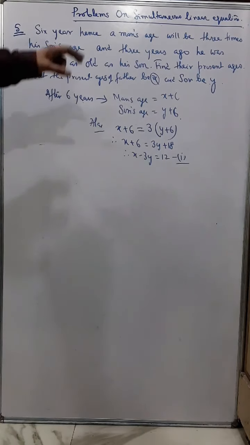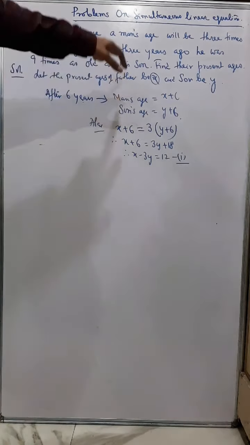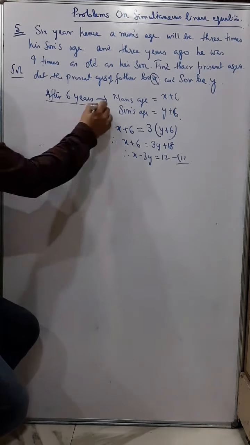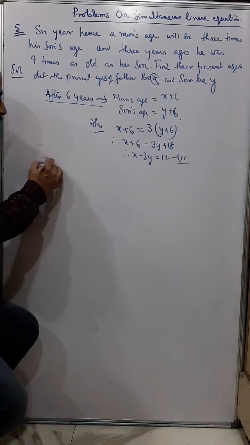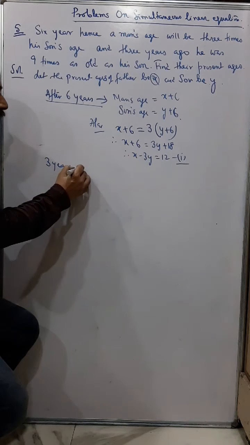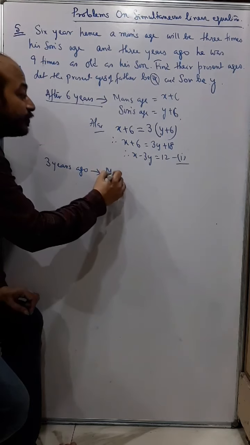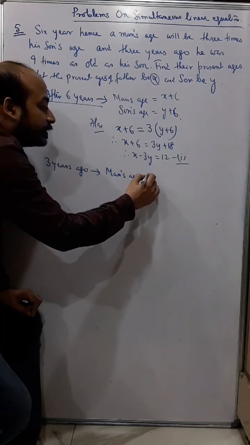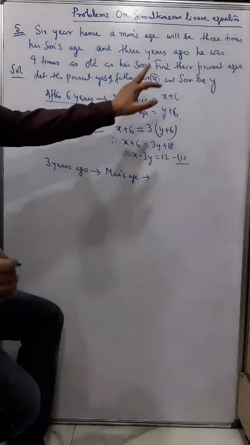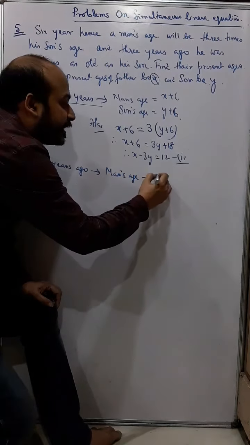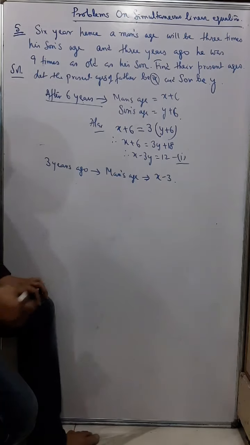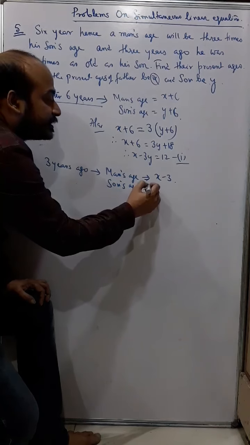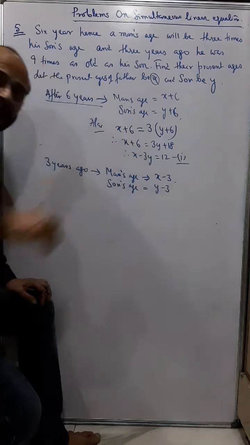My second equation is related to 3 years ago. They told 3 years ago, so again, like this, I will do 3 years ago. Now 3 years ago, what was the man's age? X minus 3, and the son's age was y minus 3.